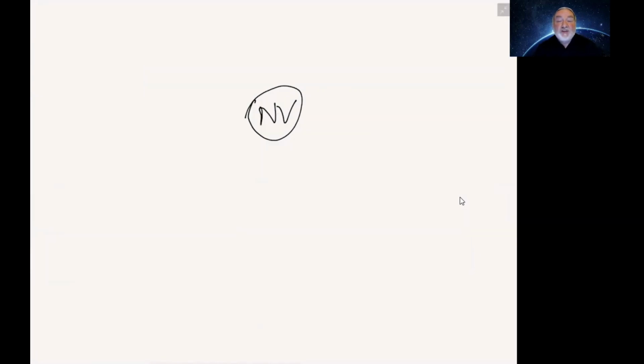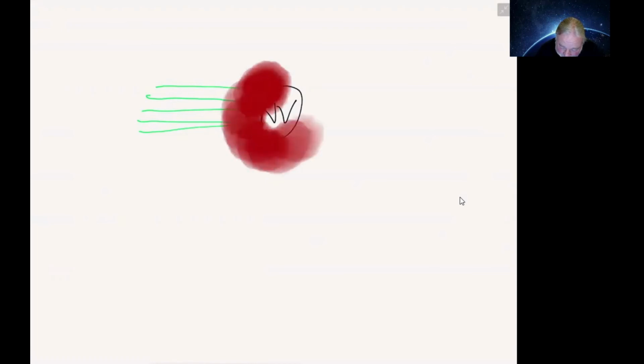Now, we're very fortunate because if we hit the NV center with some laser light, with green laser light, what happens is it actually glows red. So there's a red glow emitted from the NV center.